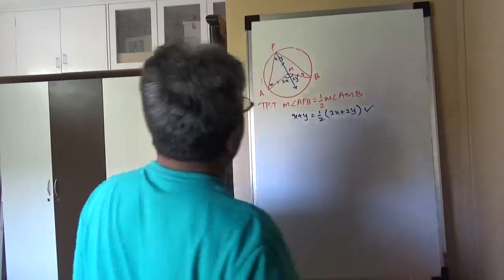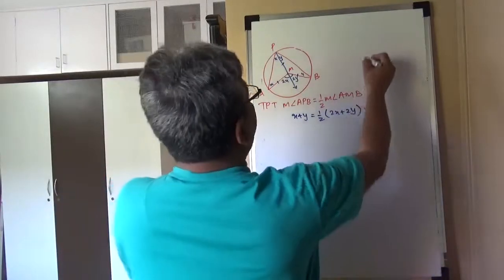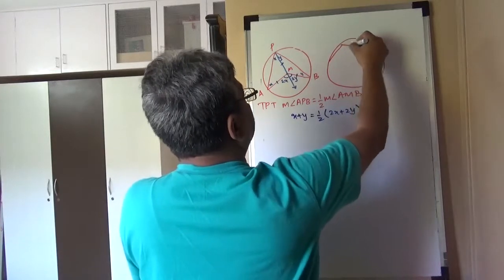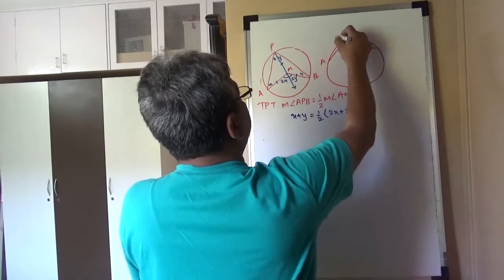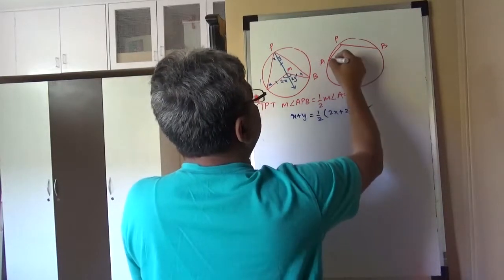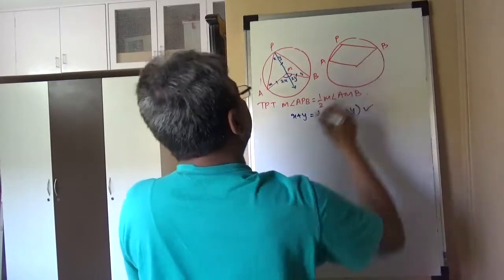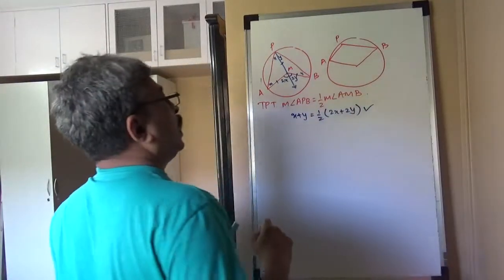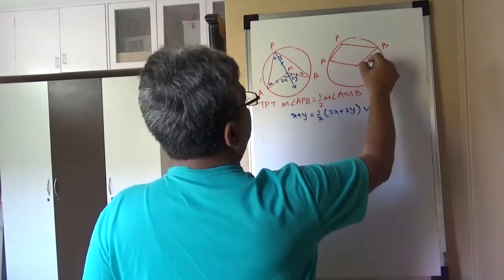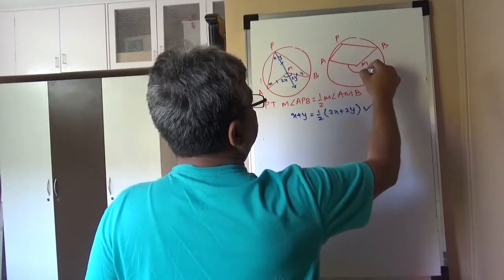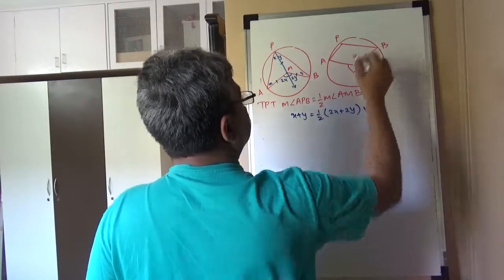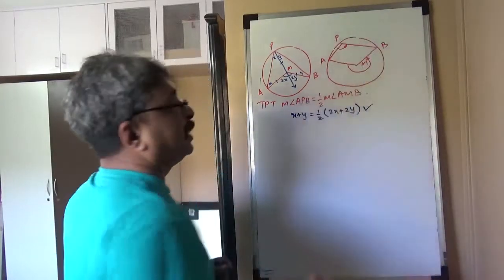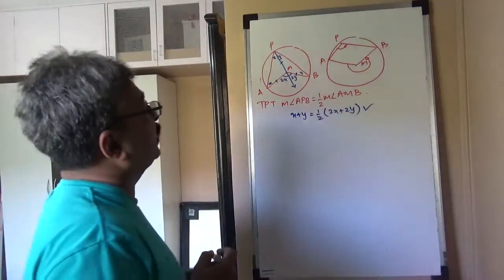Okay, so let us look at the other situation where the angle is inscribed in the minor arc. A, P, B, and the center is over here. Now what we are supposed to prove is measure angle APB is half of measure angle AMB, measured like this. Measure angle APB, measured anticlockwise like this, is half of the central angle AMB.